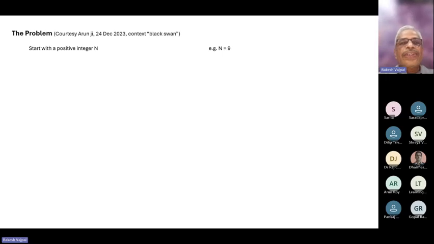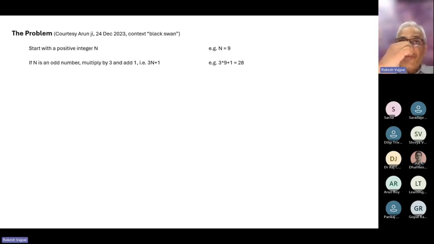And after that session, Arunji had shared, almost close to midnight, this problem, and I saw it in the morning. This was the first time I had seen this problem. So before we get deeper into it, I'll very quickly bring up the problem and make sure everybody is aware of it. I'm sure most of you are, but just very quickly.